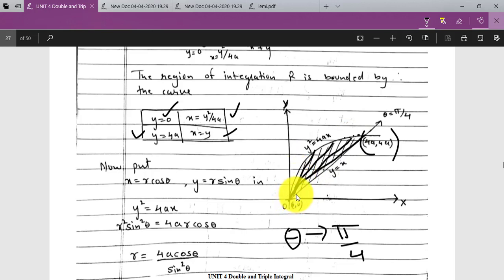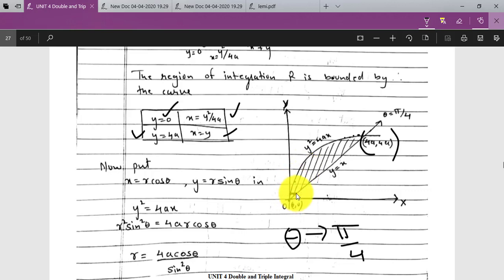So now what is happening to the value of theta and r? Sorry, I will write it once more so that there is no hurry. So here theta ranges from pi by 4 to, here it is 90 degrees, because your r value is the distance from the origin to any point.